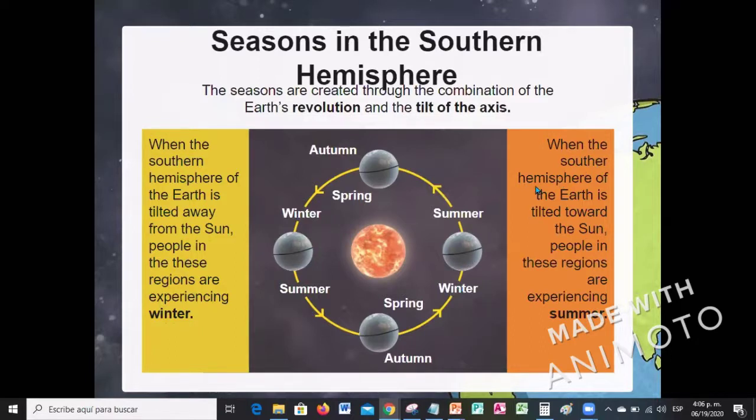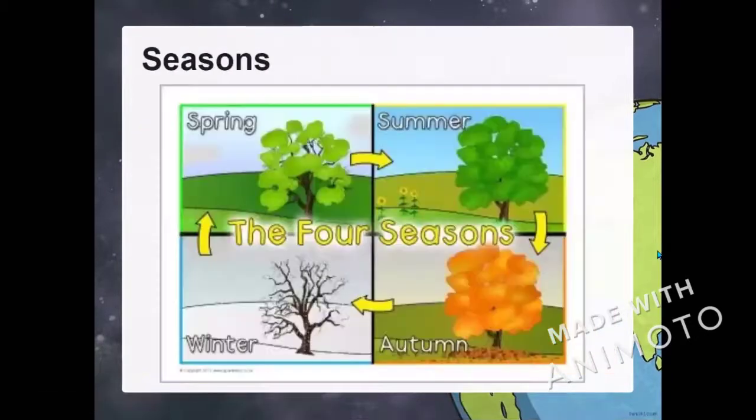When the southern hemisphere of the Earth is tilted toward the sun, people in these regions are experiencing summer. That happens here and also here, right? Good. So in here we can observe the different seasons that we have: spring, summer, autumn, and winter.